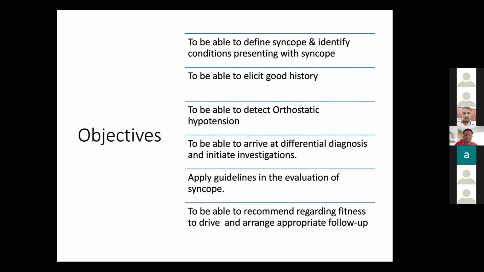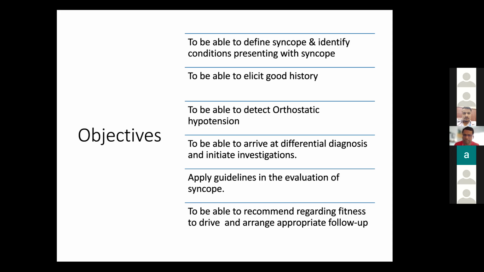Fine. So the objectives for the next 40 minutes or so are to be able to define syncope and identify those conditions presenting with syncope, build a history, detect orthostatic hypotension, arrive at a differential diagnosis and initiate appropriate investigations.